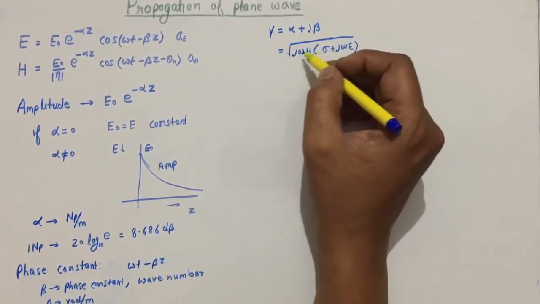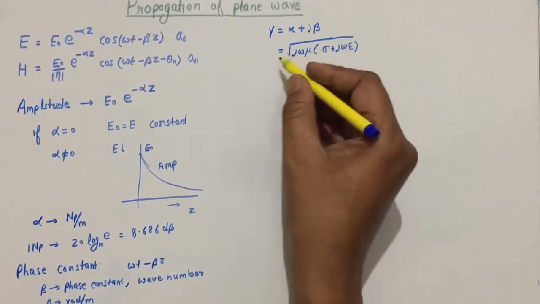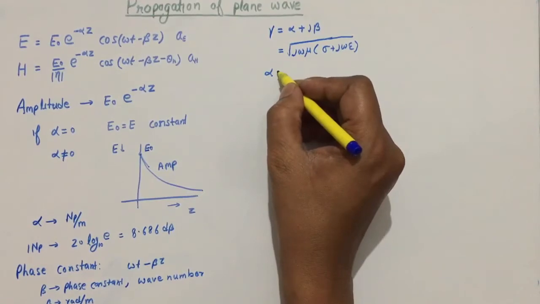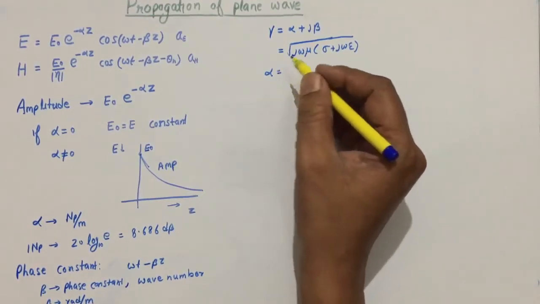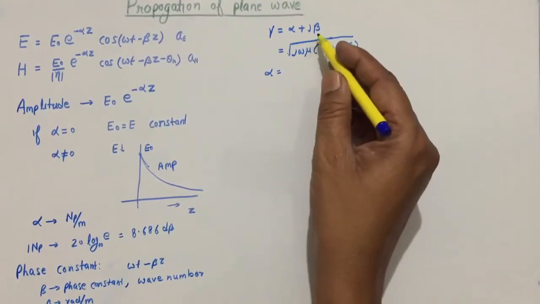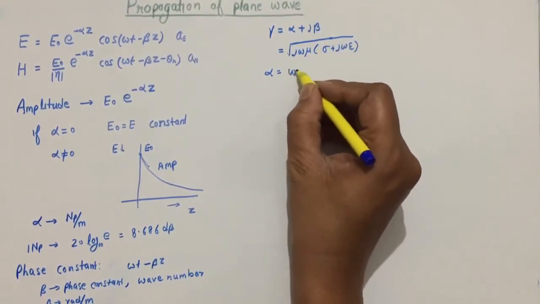If we solve the square root, we find the real and imaginary parts: alpha will be the real part and the imaginary part will be beta.